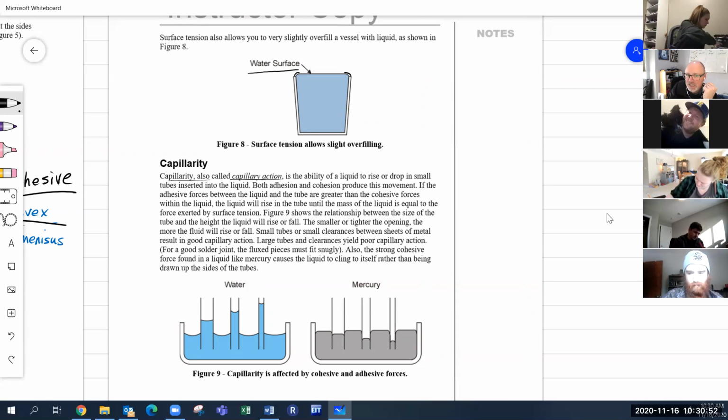And it's the ability of these liquids to rise and drop in small spaces. And the smaller or tighter the opening, the more fluid will rise or fall. And we talk about soldering on capillary action.